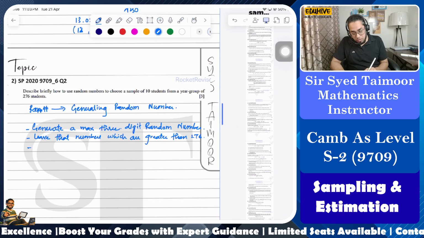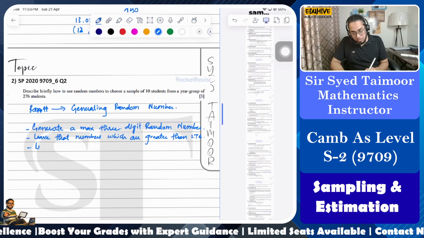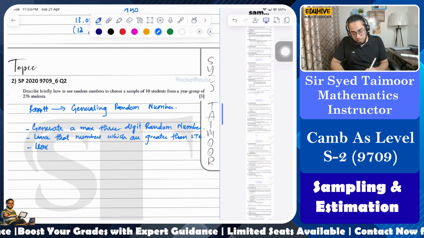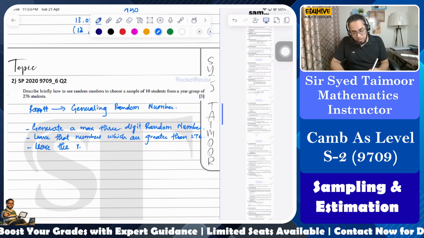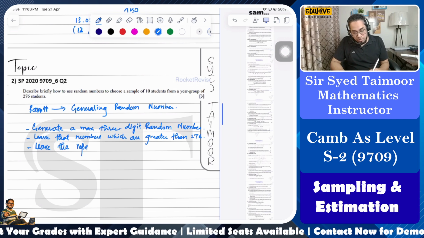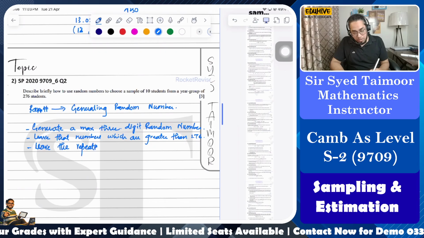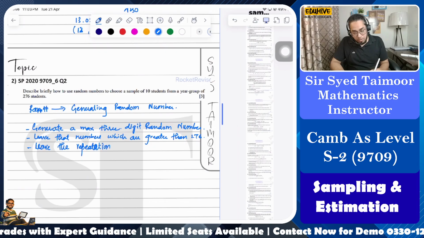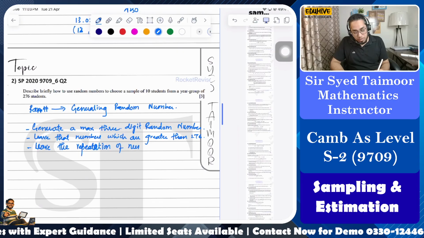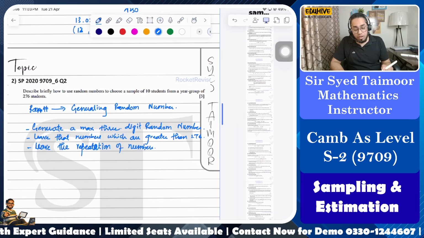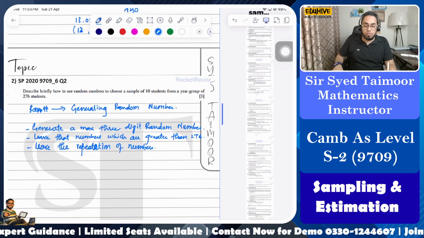And also leave the repetition of numbers.